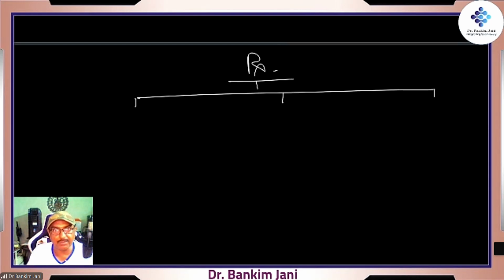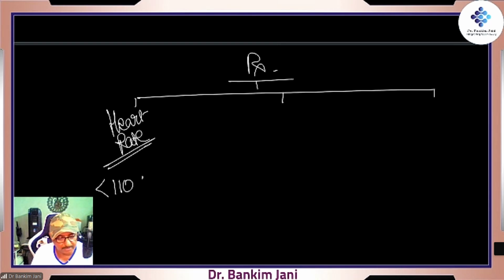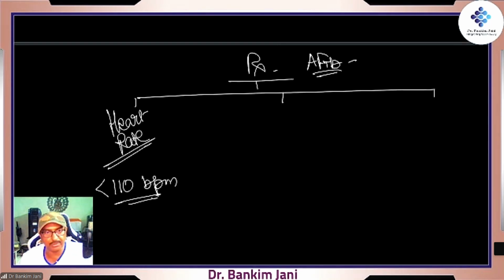Your responsibility is, one, heart rate. Heart rate should come down, to less than 110 beats per minute, because this is a case of AFib that you are handling. In atrial fibrillation, the heart rate goes skyrocketing. So that is the first thing you have to do.